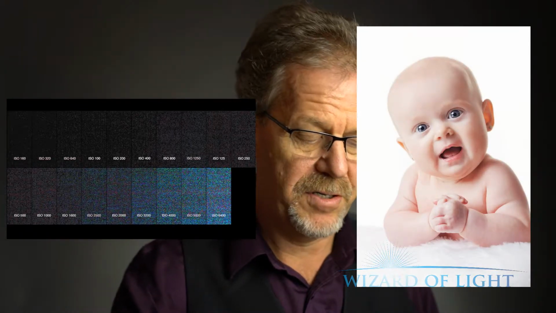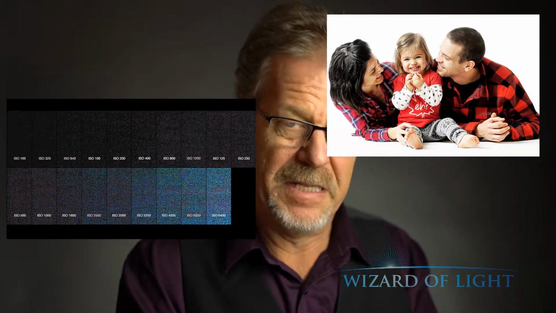If I'm shooting commercial, weddings, families, babies and whatnot, I want to get good results. I don't want to deliver noisy, grainy images to my clients. Again, there's an exception to that, but let's get to that in a minute. So in those situations I need lower ISO. However, there are times where I can get away with a higher ISO.